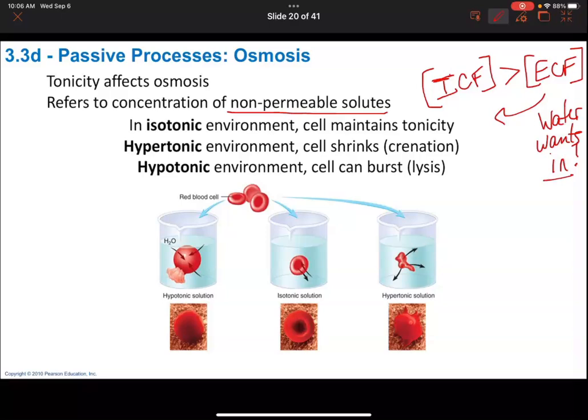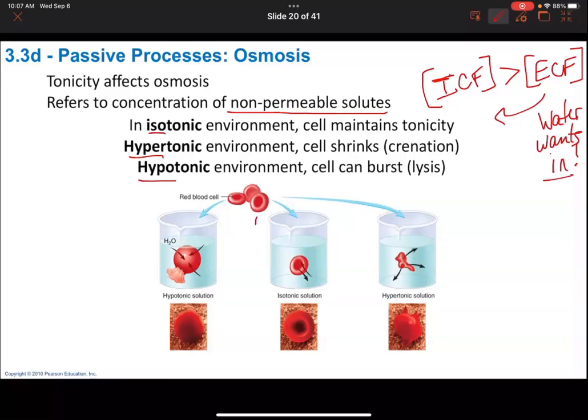So when we talk about, again, we have those three prefixes: iso, hyper, and hypo. Iso meaning same, hyper meaning more, hypo meaning less. If you place a cell, and we're using red blood cells here as an example, in a solution and it's got the same concentration of solute, then it will stay happy.